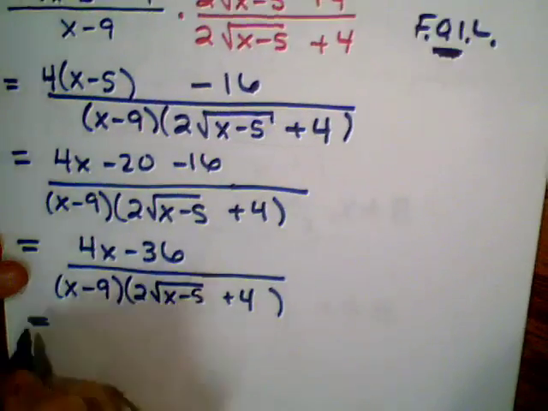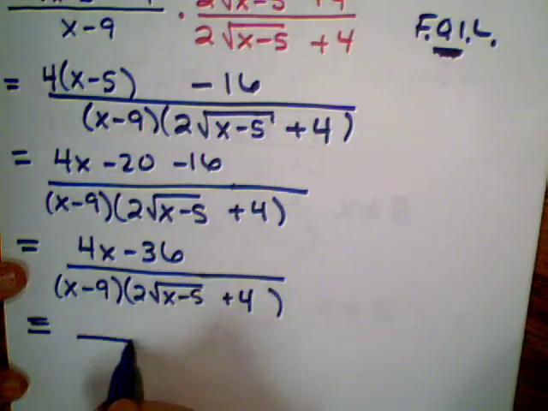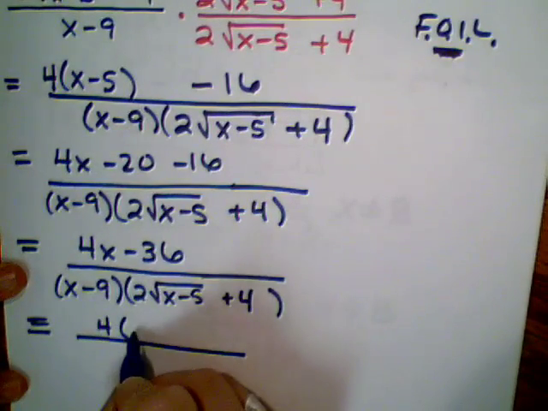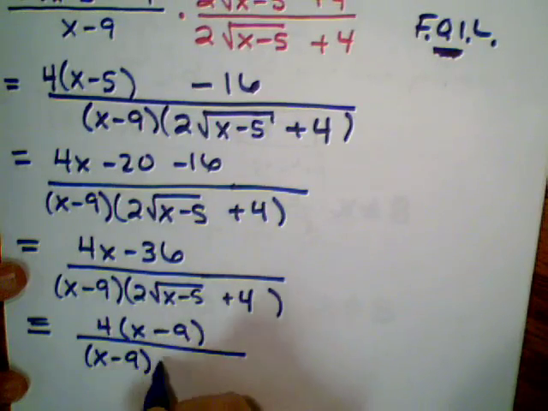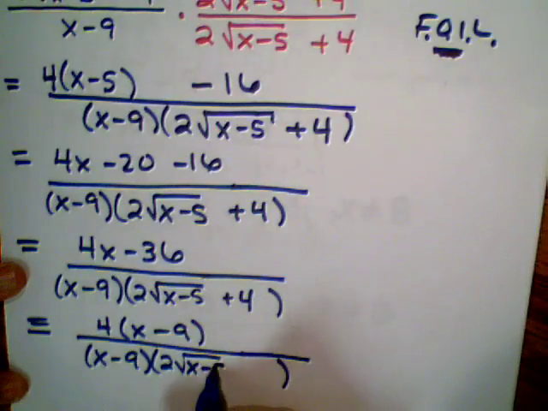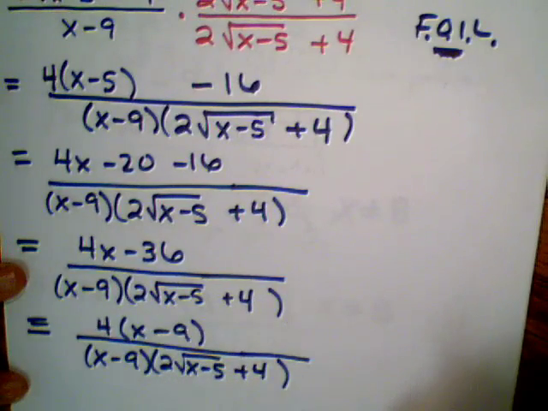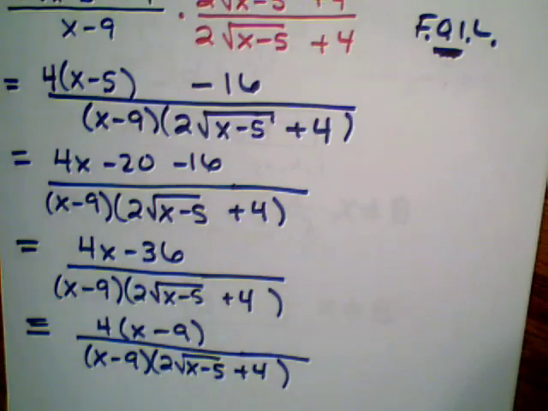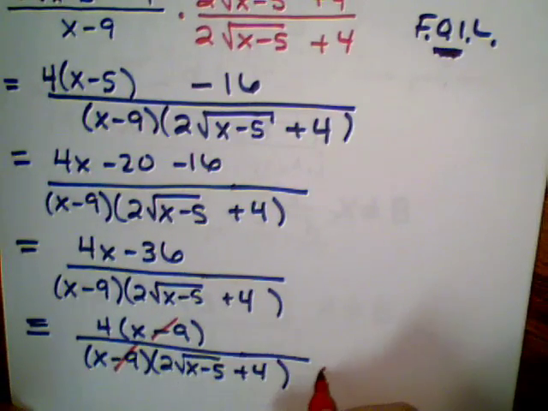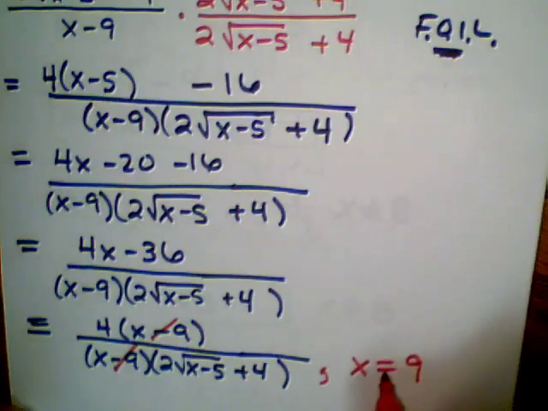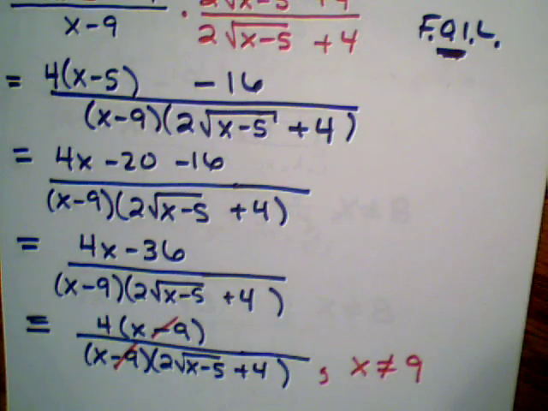And if I recognize that there's a common factor of 4 in the numerator, factor out the 4, then indeed we have some factors that are going to cancel. Okay. Now, if I'm tempted to cancel x minus 9 divided by x minus 9, I need to tell the reader that x could not be 9 to evaluate that expression.